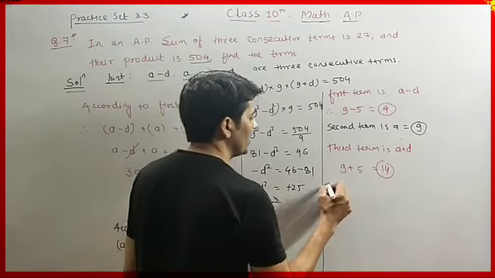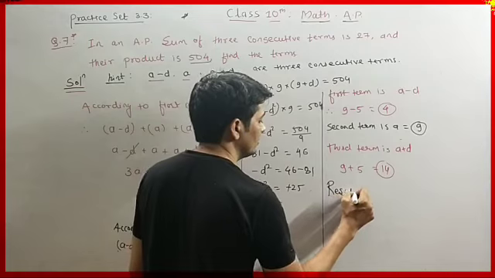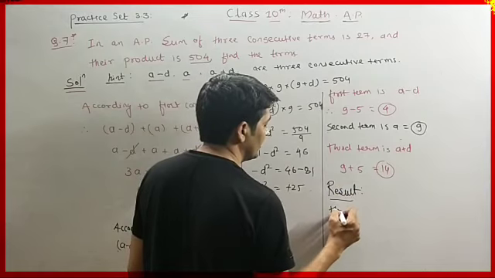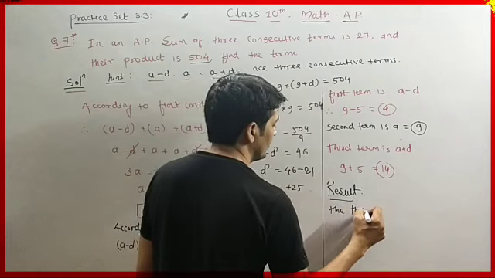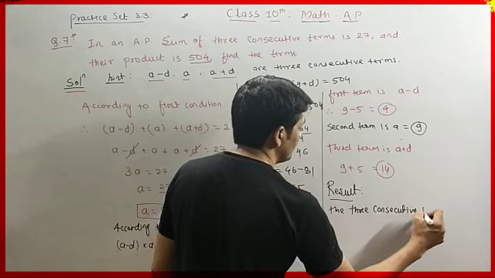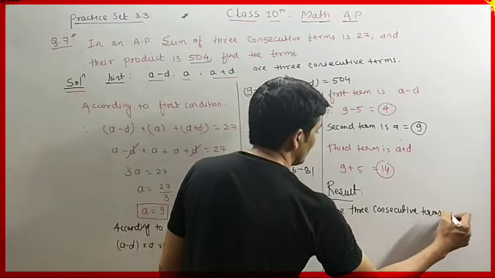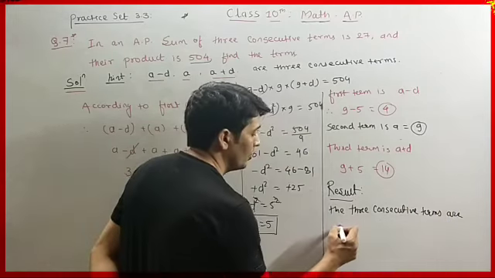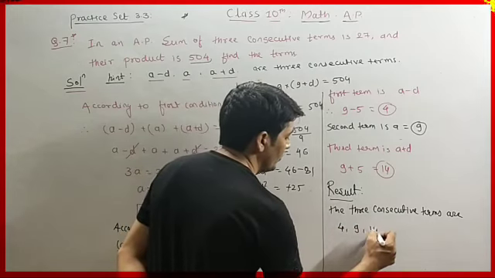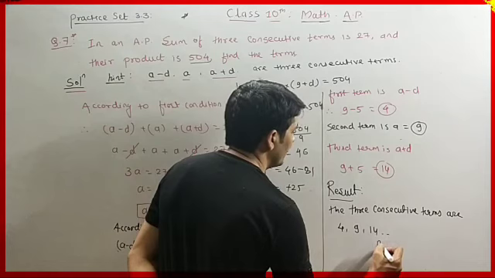So what will be the result? The three consecutive terms are 4, 9 and 14. It is our answer.